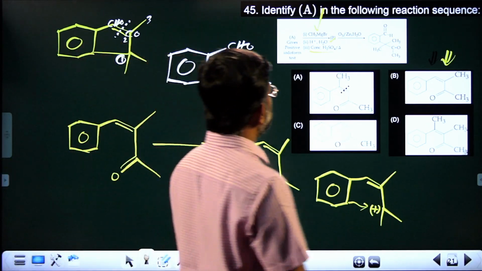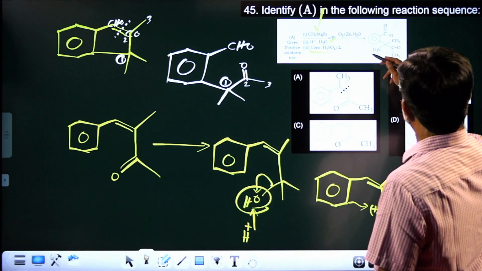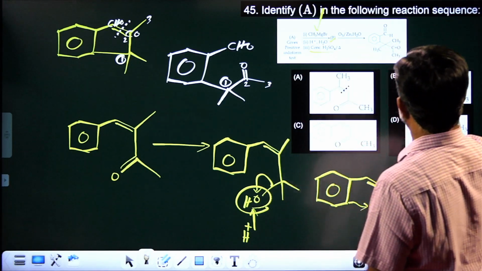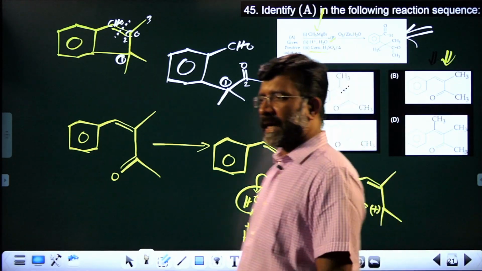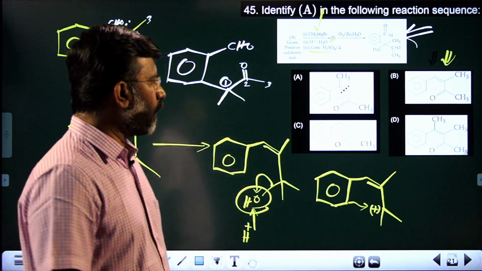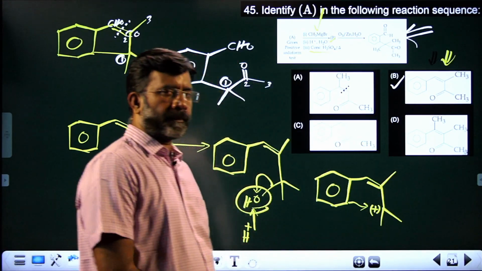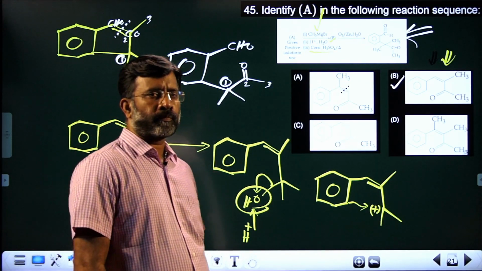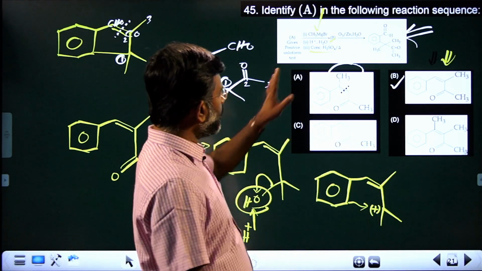And isn't that the final product obtained? Yes. 2 branching and a CO group with the CH3. So this product can be obtained when the compound is option B, and that is the correct answer. Looking at the branching here, we can confirm A cannot be.